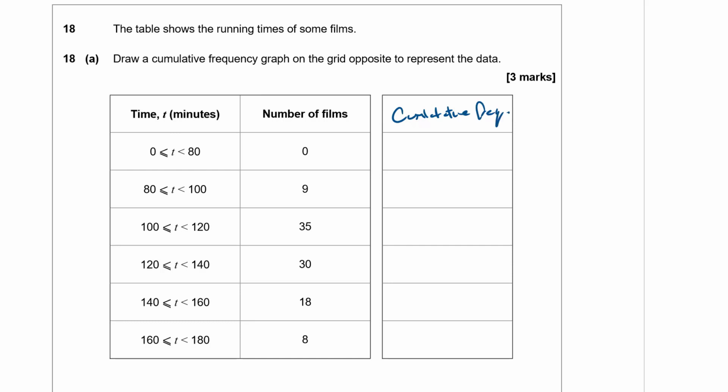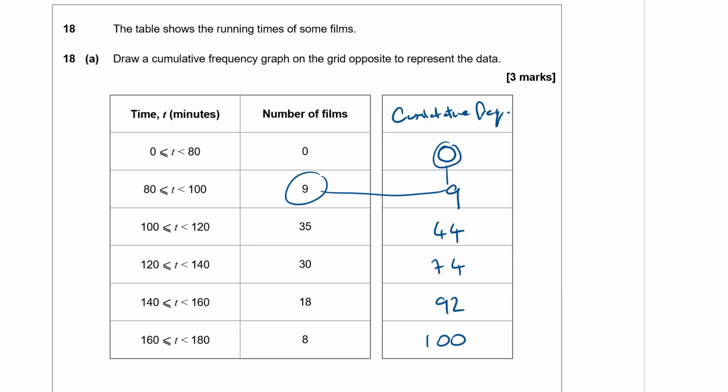We already explained this earlier, but that one is going to be the same as that. The next number you get from adding the number above with the number to the left. So this one here is going to be 9, and then the next one is going to be 44, next one is going to be 74, and then 84, 92, and 100.